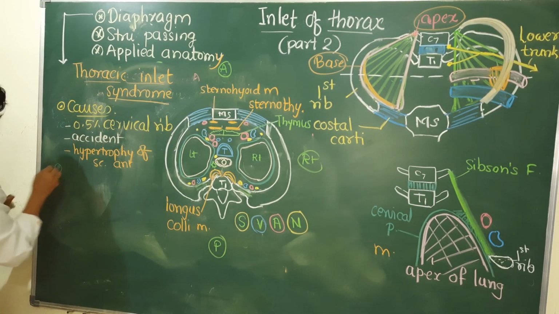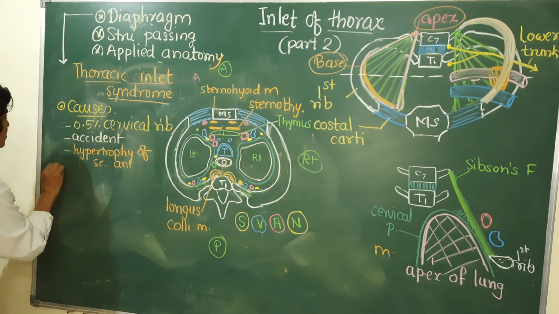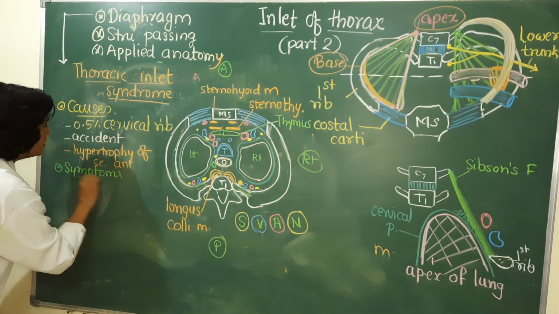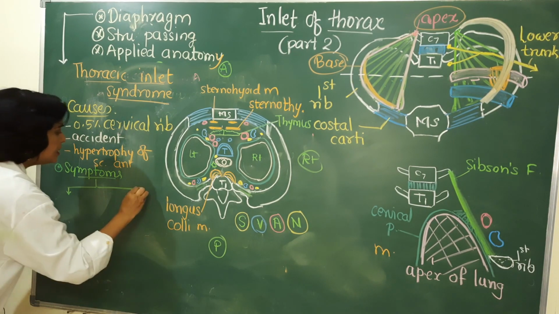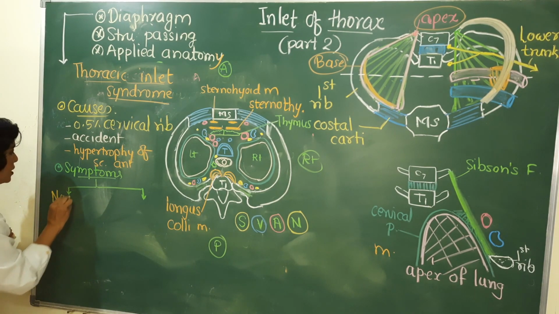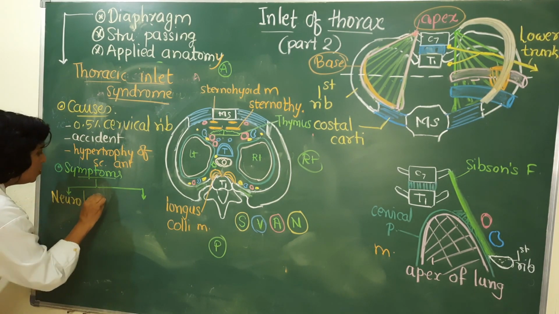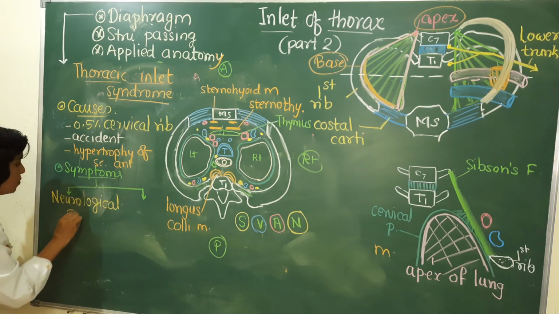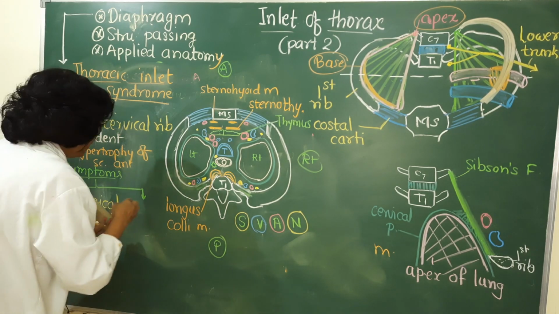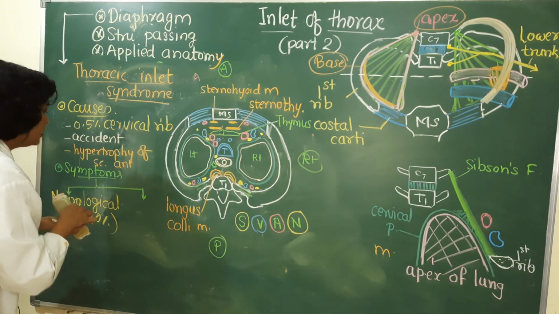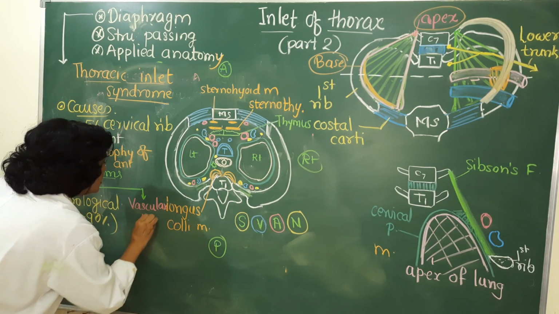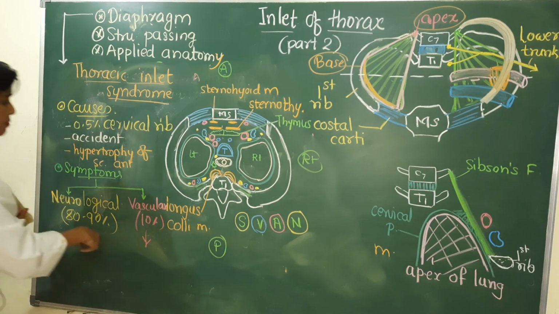Now symptoms: how will the patient come to you, what are the symptoms? Depending on which structure is damaged, you will get the symptoms. Either the symptoms will be neurological because of compression of the lower trunk of the brachial plexus, seen in 80 to 90% of cases, or vascular, seen in 10% of cases, because of compression of the subclavian vessels.